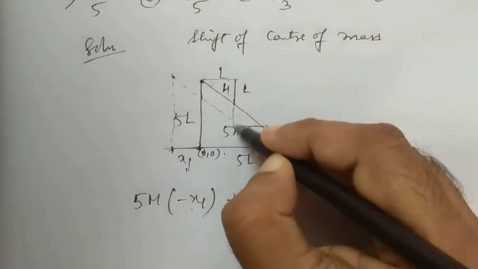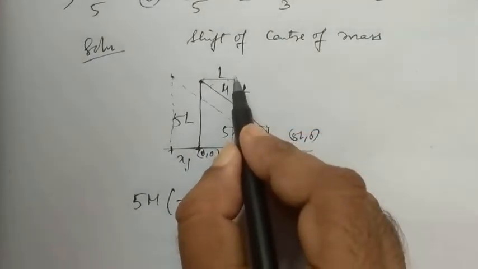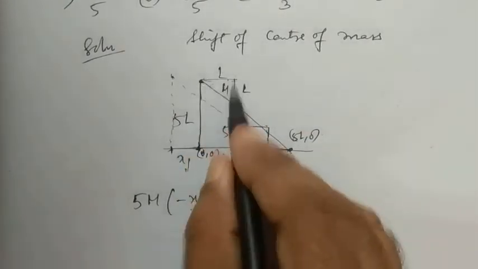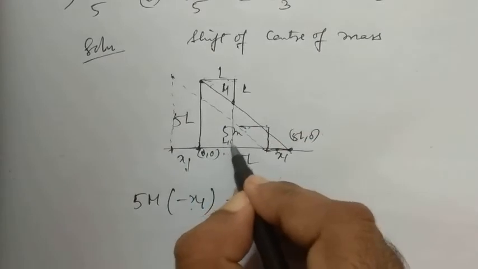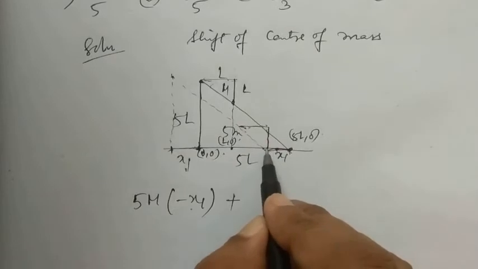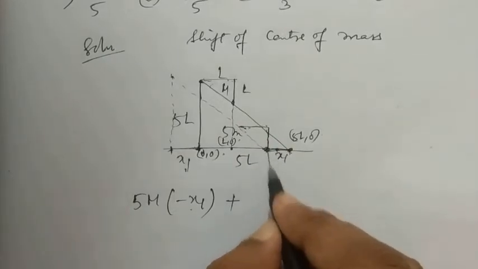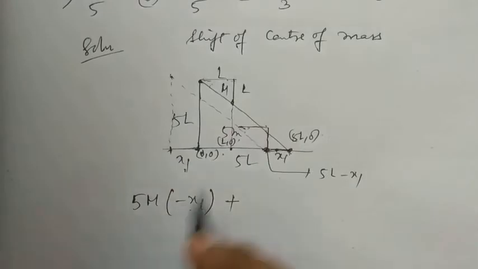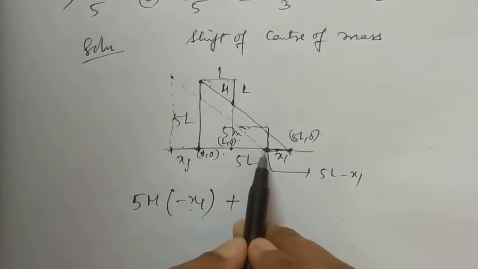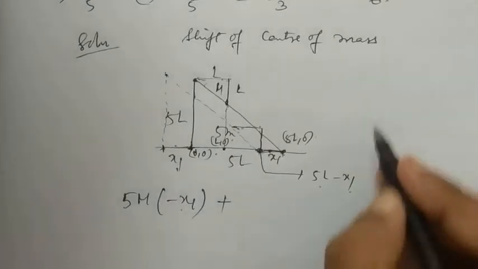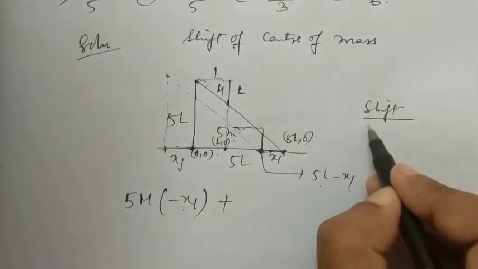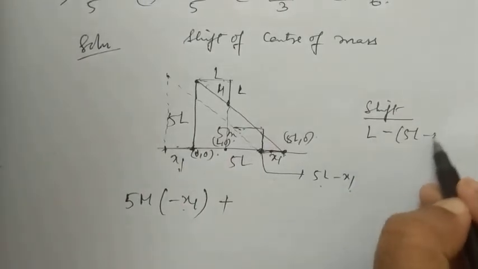So the initial position of this was, suppose this is length L, so L, 0, and this has a shift, this point here we can write as 5L minus x1. So the coordinate of this point was L, 0 here, and now the coordinate of this point is 5L minus x1. So the shift of that point will be, initially it was L and now it is 5L minus x1.